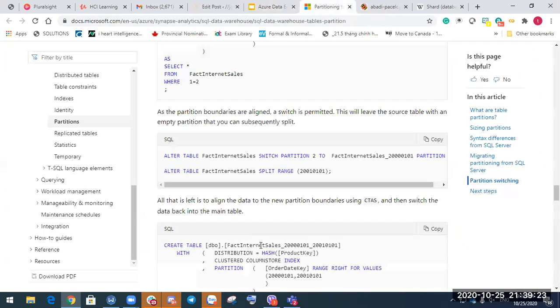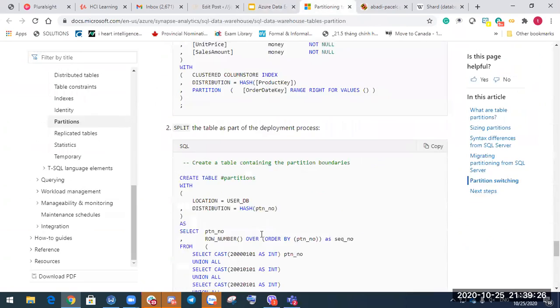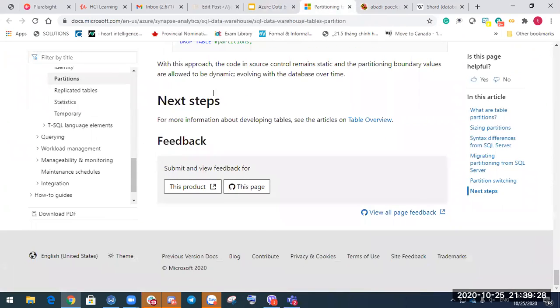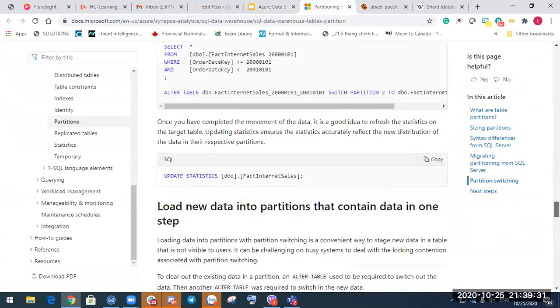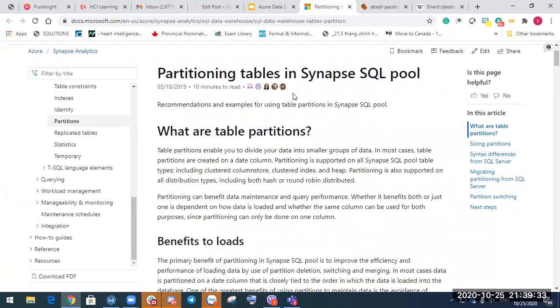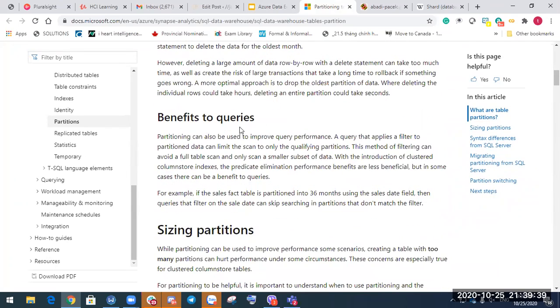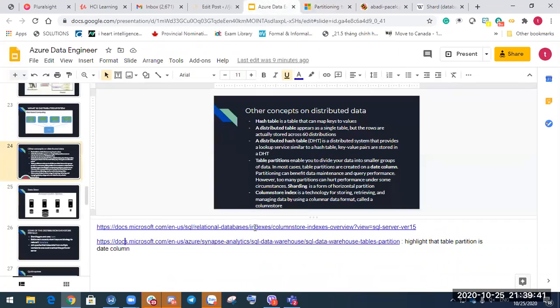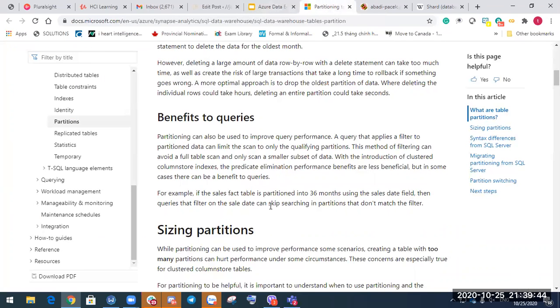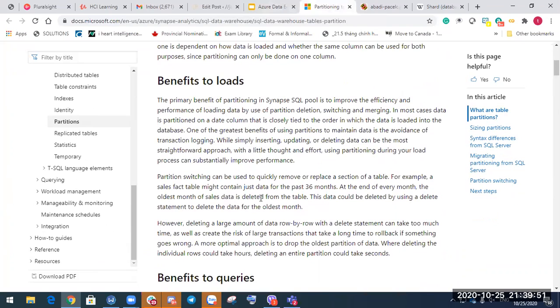Okay, so let me see if there is something else we need to mention. Then we can start with the next slides. Please read this link carefully, because again it is a section in the DP-200, and in this link that I include, there is nothing particular about an Azure service, but it is general data engineer concepts.